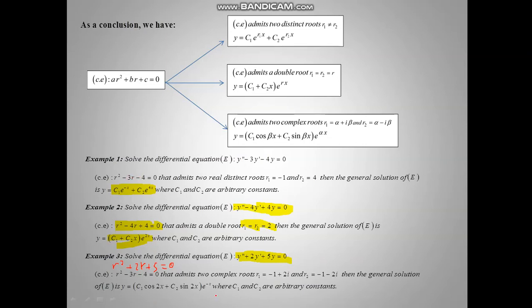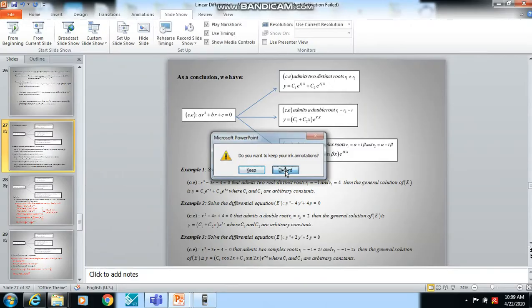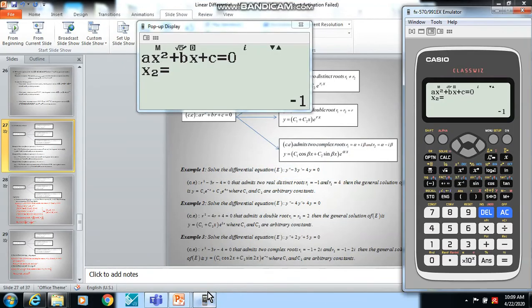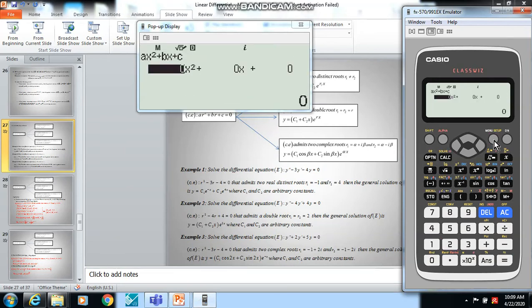So by using the calculator, menu, equation, polynomial, second degree. We say the characteristic equation has coefficients 1, 2, and 5. So you can see the roots are minus 1 plus 2i and minus 1 minus 2i.